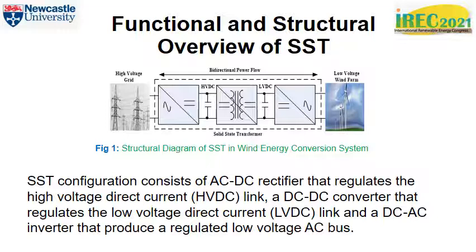As we can see, the solid-state transformer consists of 3 power converters, namely an AC-DC converter that regulates the high voltage direct current, which is HVDC link, a DC-DC converter, typically dual active bridge converter, that regulates low voltage DC current, that is LVDC link, and of course a third converter known as DC-AC inverter that produces a regulated low voltage AC bus.